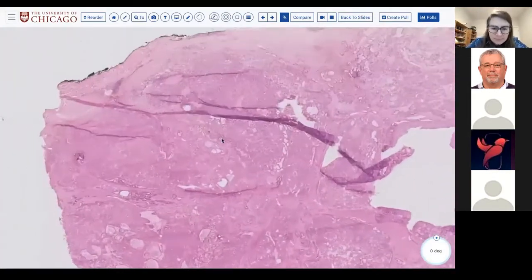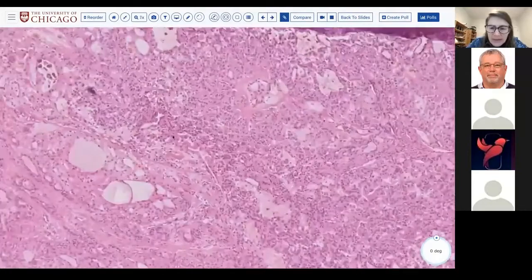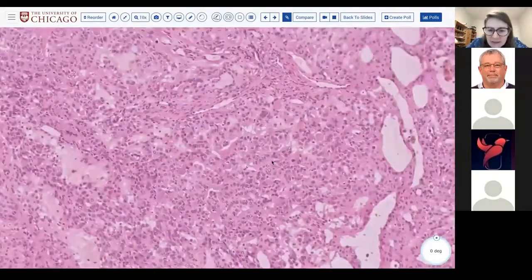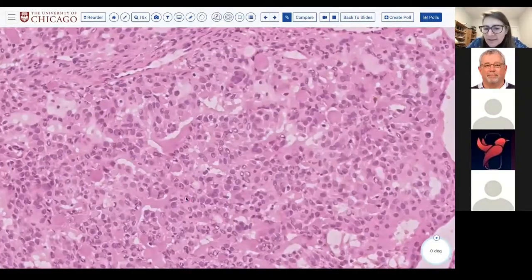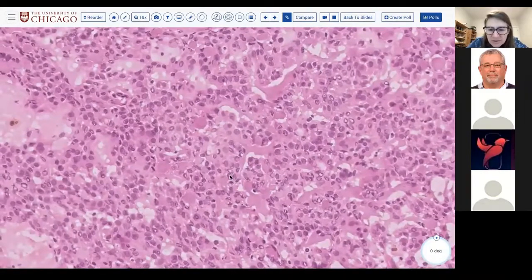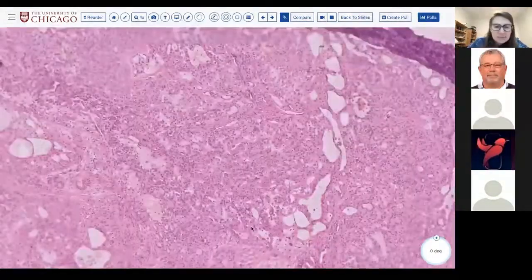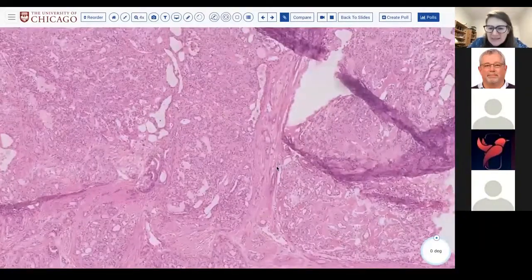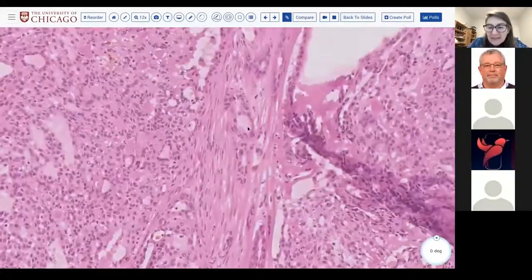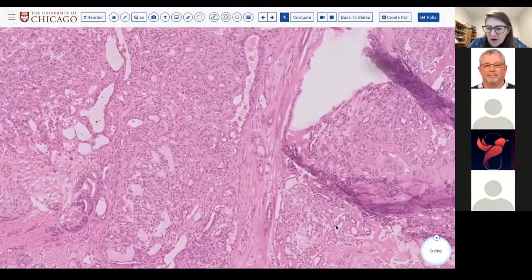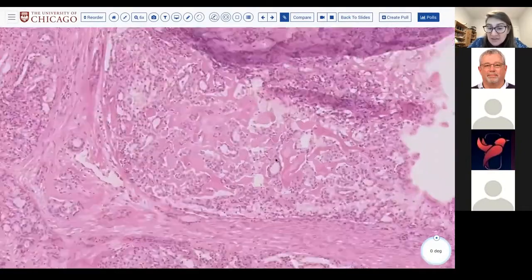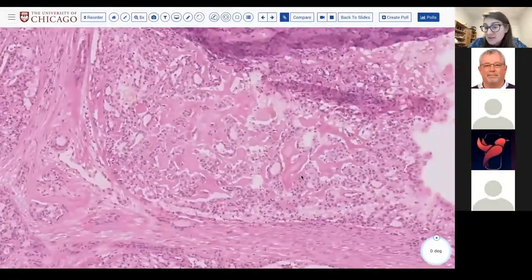They froze it, okay? Again, we see some bland ovoid cells with some intranuclear, maybe artifactual, little vacuoles. Do we see any overt bilayered ducts? Hard to say because it's a frozen, but I certainly see little duct-like or cystic spaces.